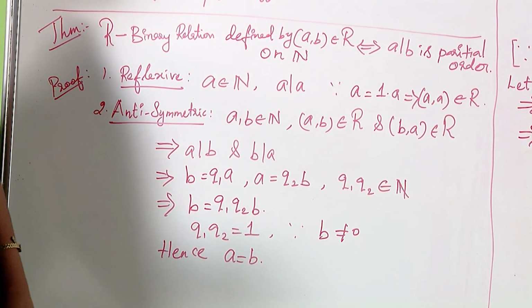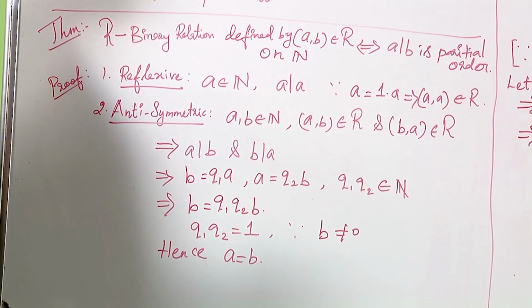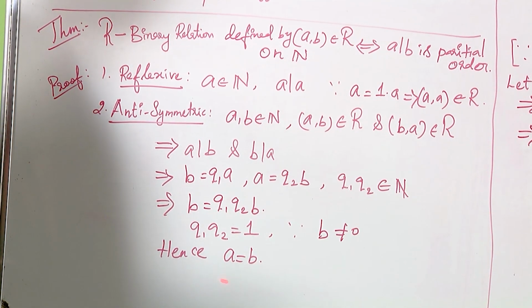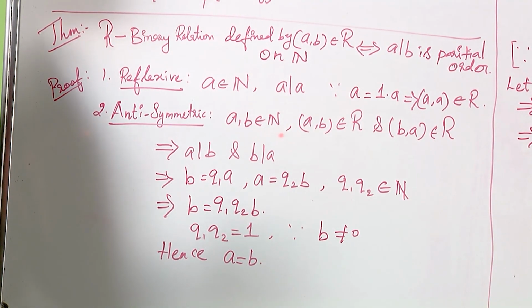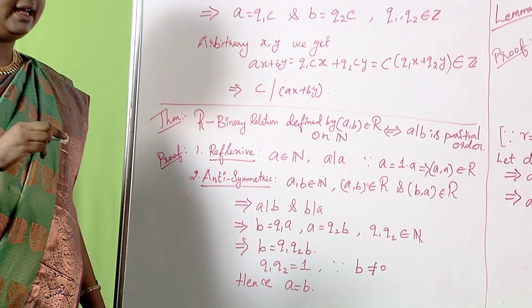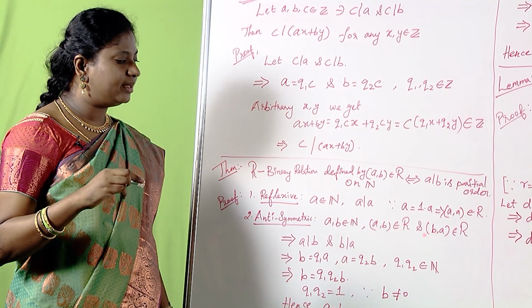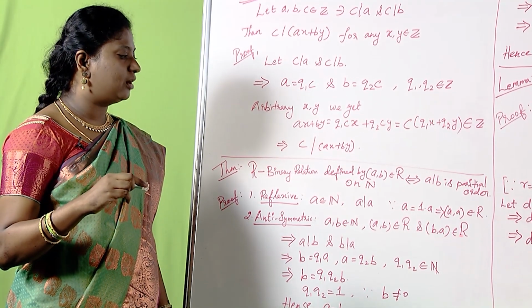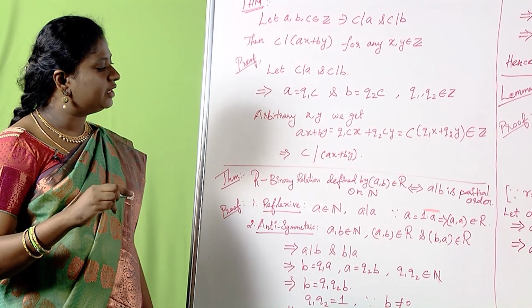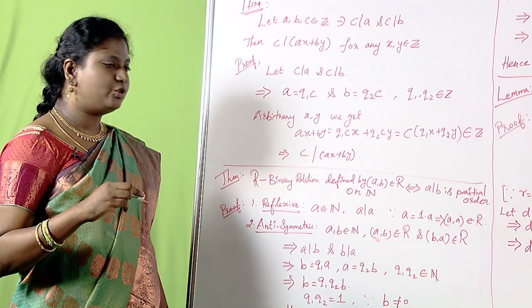And then we have to prove antisymmetric. Antisymmetric in the sense that whenever A is related to B and B is related to A, we have to prove that A is equal to B. Okay, fine. So, now let us take A and B to be natural numbers, and we are going to assume A and B are related, that is (A, B) belongs to R, and in a similar way B and A are related, (B, A) belongs to R. Here you have to note that when A divides B, A should not be equal to 0.